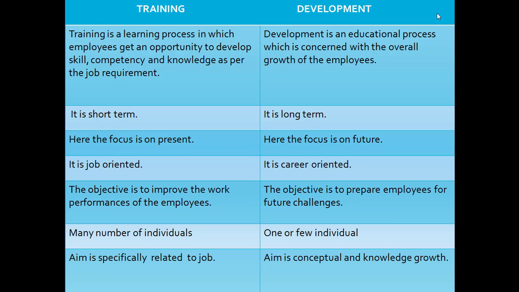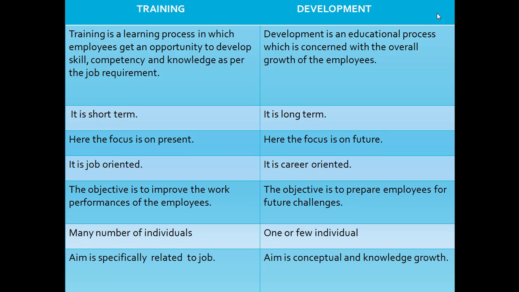How in a better way he tackles those challenges and achieves goals and objectives of the organization, that is more important. That is the basic focus of development. In training, there are many individuals at a time, whereas a development program has only one or a few individuals because it is a customized program. That is why in development the focus is on one or a few individuals.